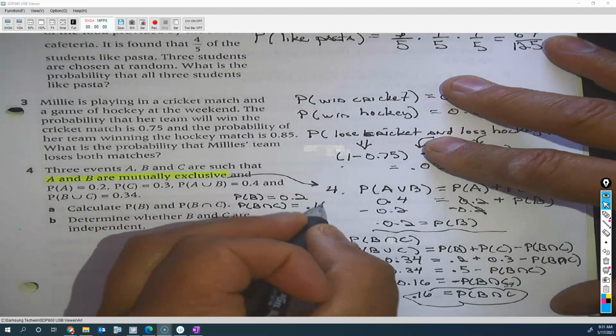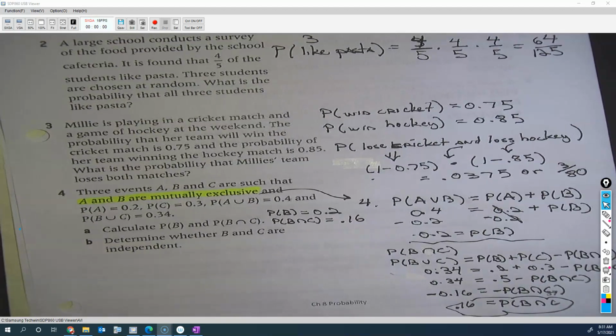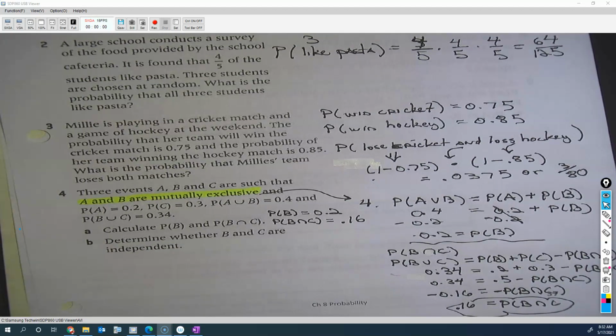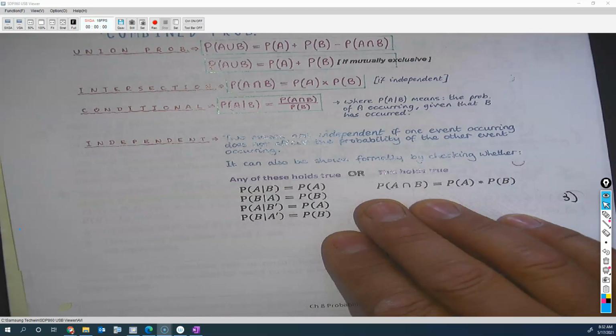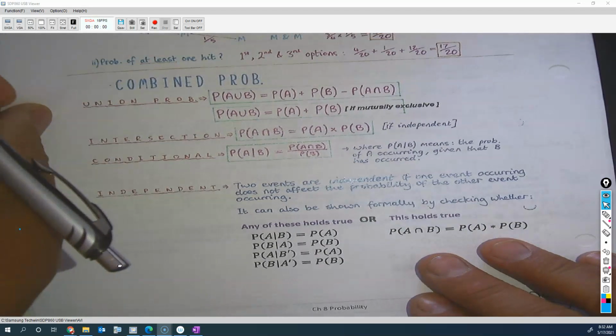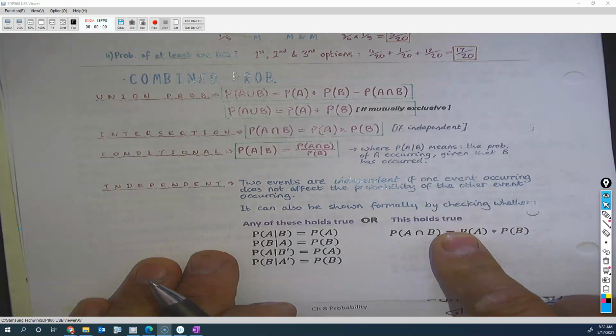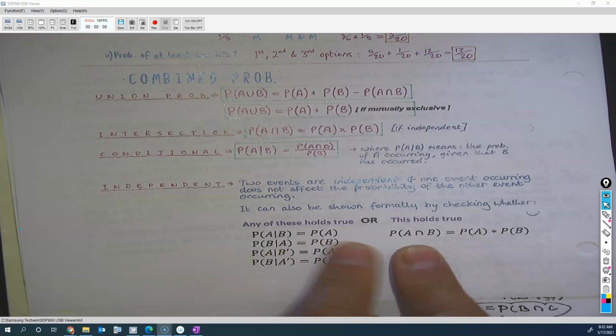Okay. All right. Determine if B and C are independent. So if you look at it here, the one with the nice handwriting, turn it over to the back. If you want to find if two are independent, then you can use any one of these tests.